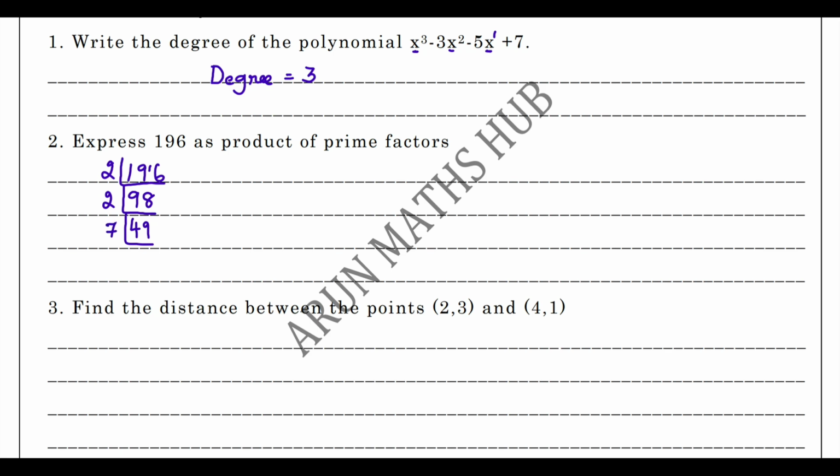Therefore 7 7s are 49, then 7 1s are 7. Now 196 can be written as 2 into 2 into 7 into 7. Therefore 196 equals 2 square into 7 square. This is how you express the given composite number as a product of primes.